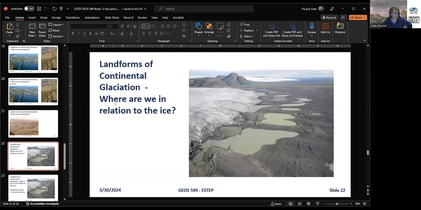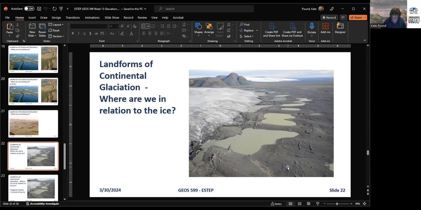So another thing that's very important is getting our brain around some of the terminology that gets used. You've heard me using some of it already. Here we've got the ice front. So everything that happens in front of that gets called proglacial. And so here we have a whole bunch of proglacial lakes. And you can see a bunch of other features that have developed in here.